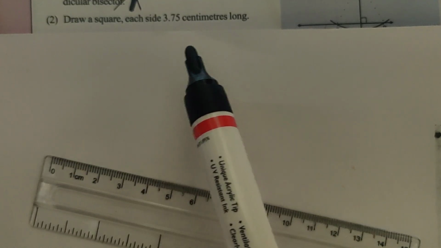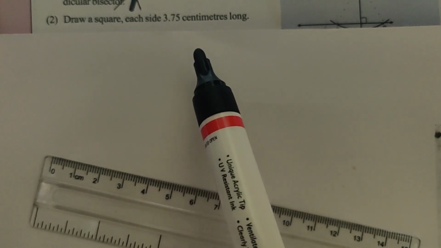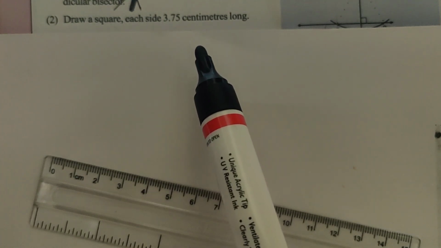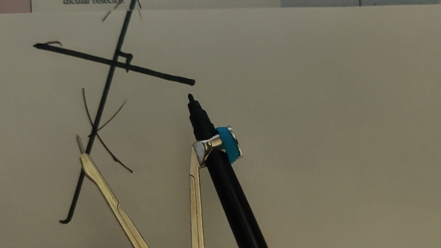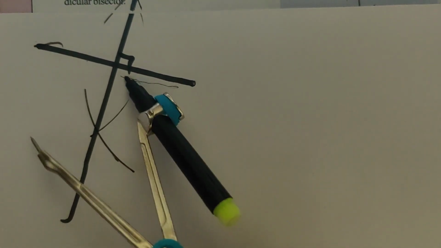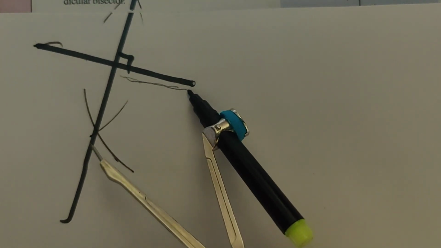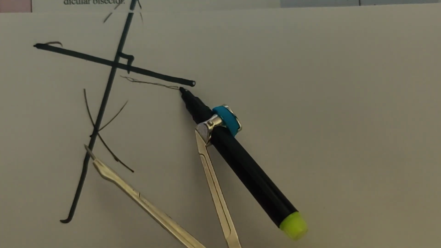The double of 3.75 is equal to 6.5. Now this total length is 6.5 centimeter, and we take the half of 6.5, that is equal to this length. You can see this length is 3.75 and this length is 3.75.